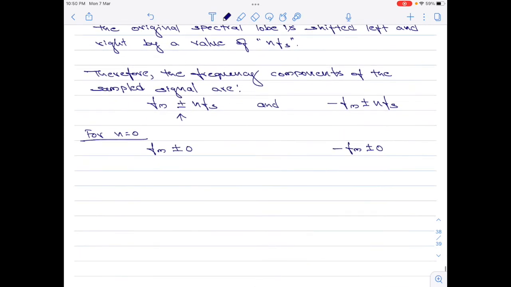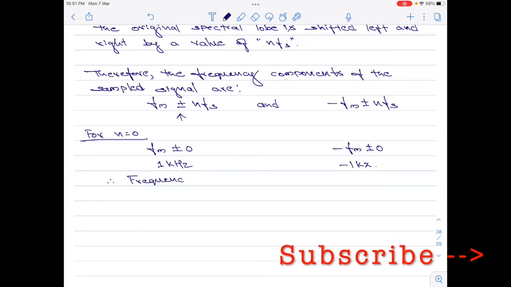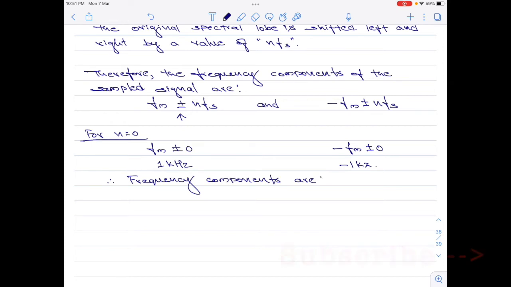We are told Fm is equal to 1 kHz. So, this is 1 kHz and this is minus 1 kHz. Therefore, the frequency components are plus 1 kHz and minus 1 kHz.